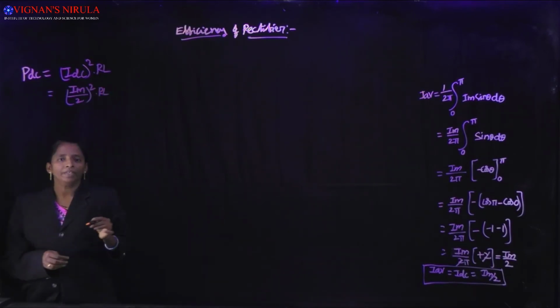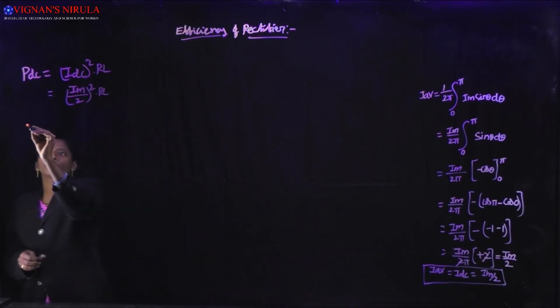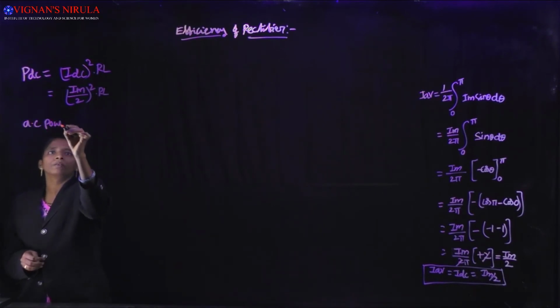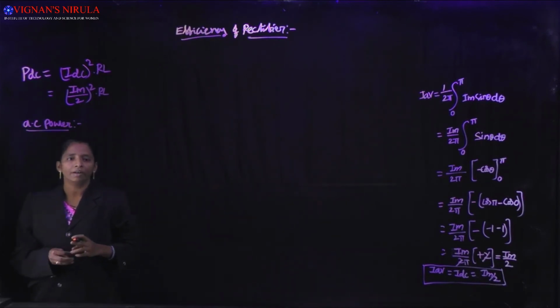This is the PDC. Now we are going to calculate PAC. AC power is also known as RMS power.